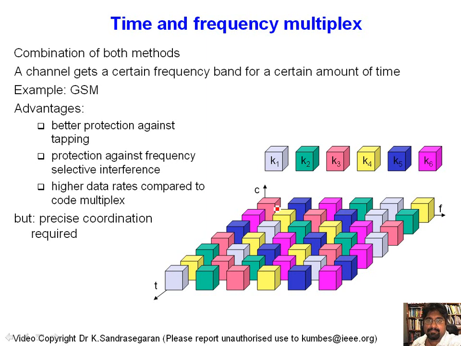This is a feature that is available in GSM, and it provides better protection against frequency selective fading. For example, if you do have frequency selective fading and this carrier frequency is wiped out, then you know that the time slots in these other carrier frequencies will get through, and you'll be able to have communication between the two end parties.